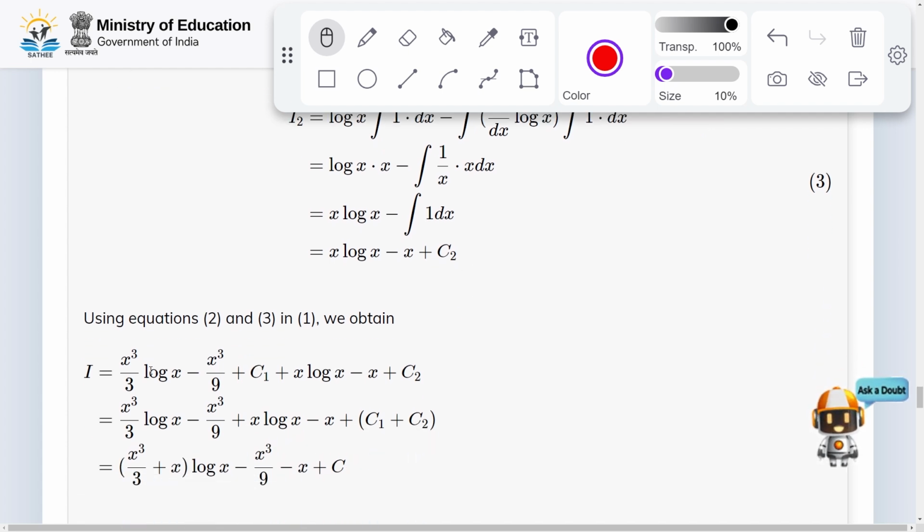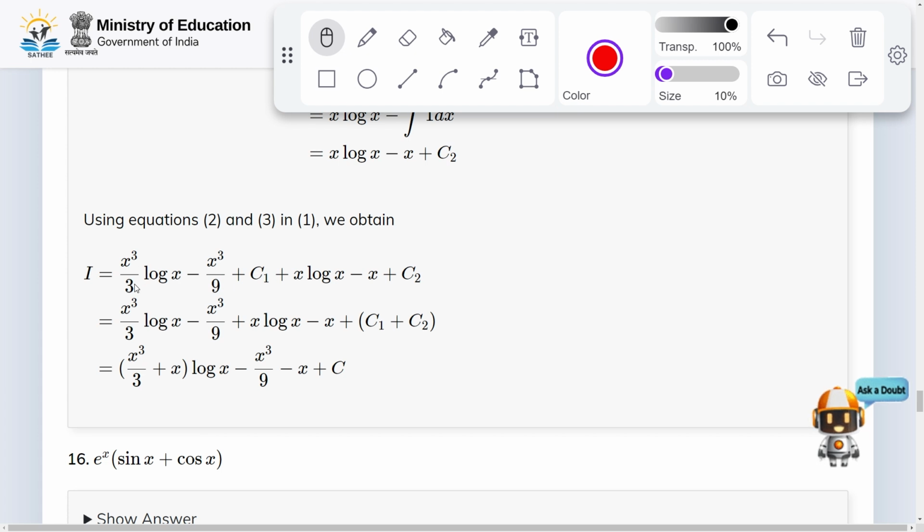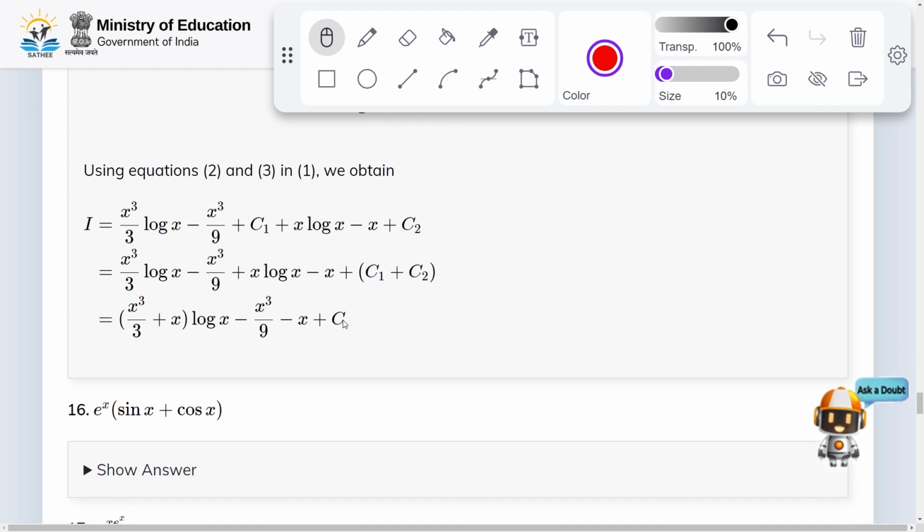Now substitute them: you will get x cube by 3 log x minus x cube by 9 plus some constant plus x log x minus x plus some another constant. Taking this constant and this constant and adding them, you will get another constant, I am naming it c. So your final answer will be this after rearranging some terms.